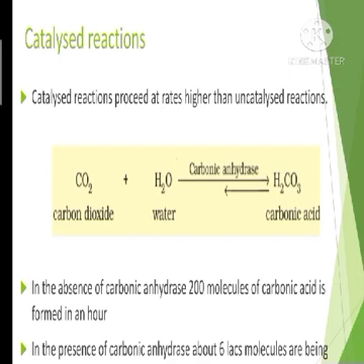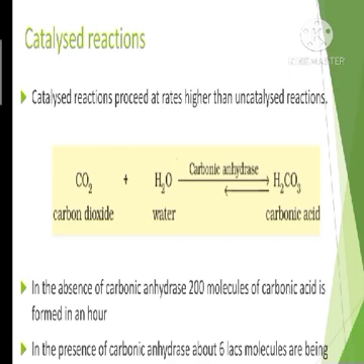In the absence of carbonic anhydrase, only 200 molecules of carbonic acid can be formed in 1 hour. But when this enzyme, which is present in the cytoplasm, is involved in the same reaction, the reaction speed increases tremendously, and for every second, 6 lakh molecules of carbonic acid can be formed.